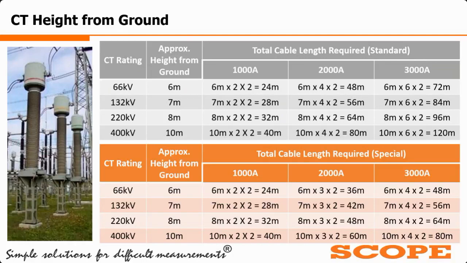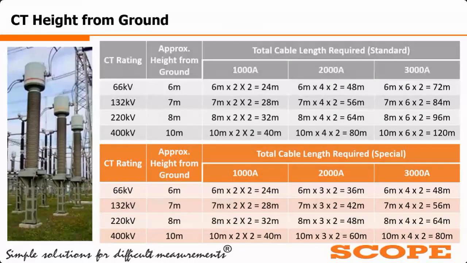And if you see for specialized copper cable, for CT rating at 66 kV, the length is always the same, that is 6 meter from the ground. Then for 1000 ampere, we require 6 meter into 2, that is 2 cables, equal to 24 meter.